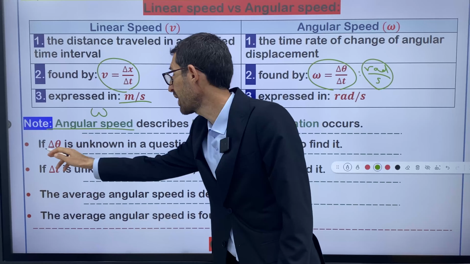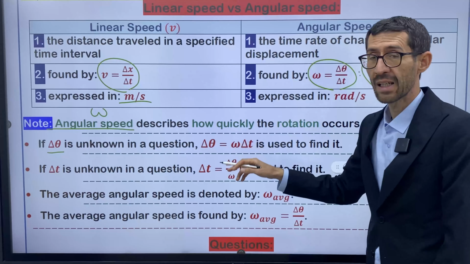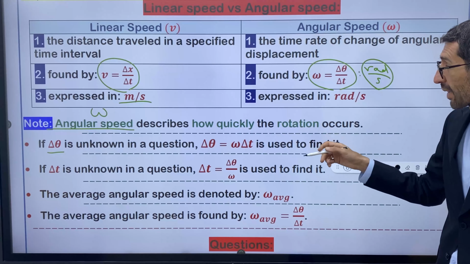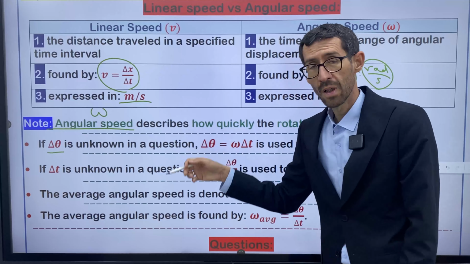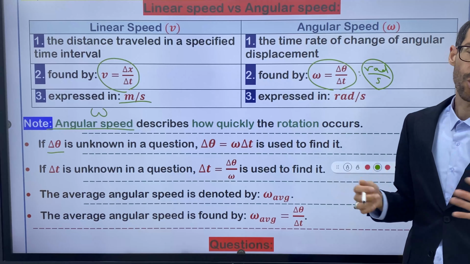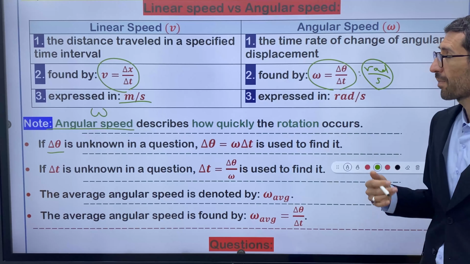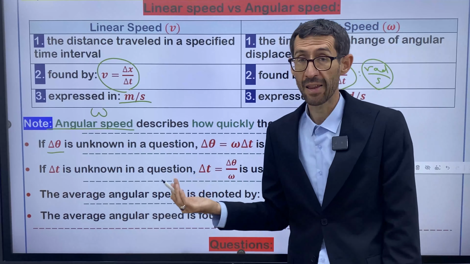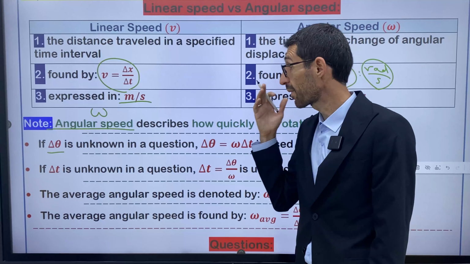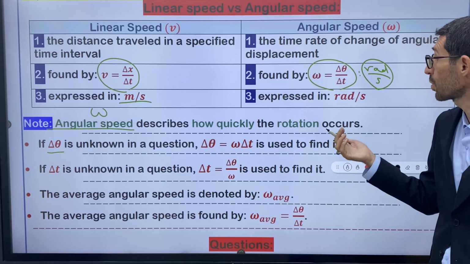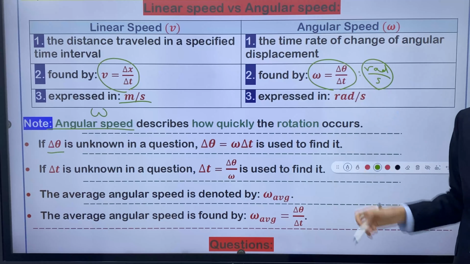If delta theta is unknown, for example, if a question needs delta theta, what shall you do? Actually, you just cross multiply the equation.